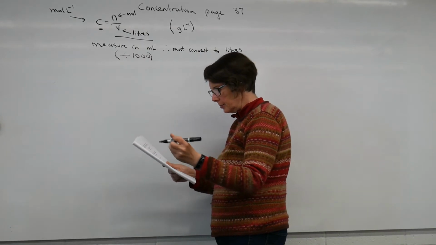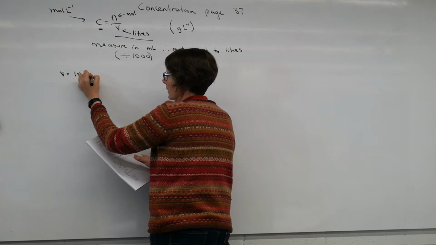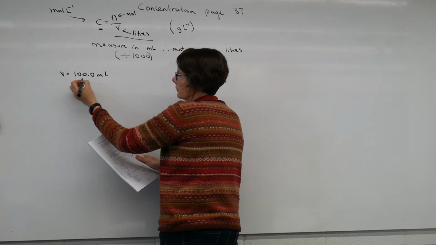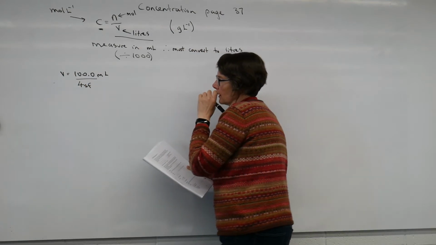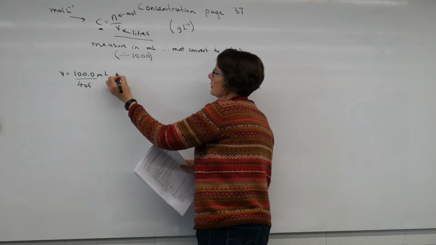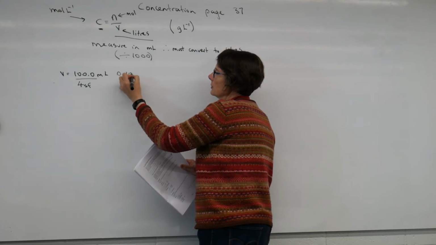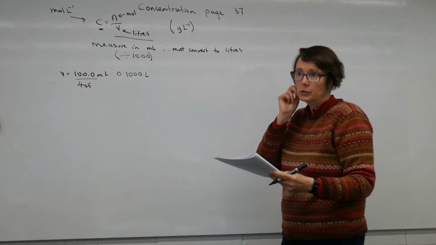So let's look at the second example. We want 100 mils, 4 sig figs. So if I convert this to litres, 0.1000 litres, because it's 4 sig figs.